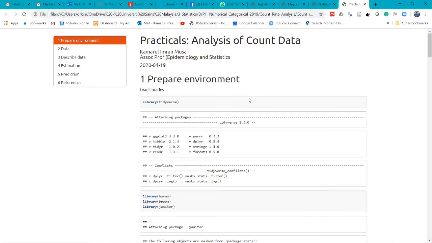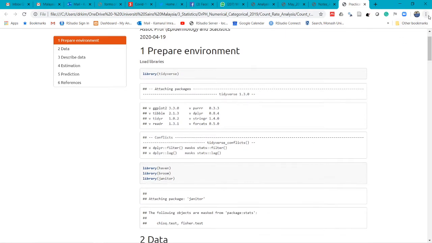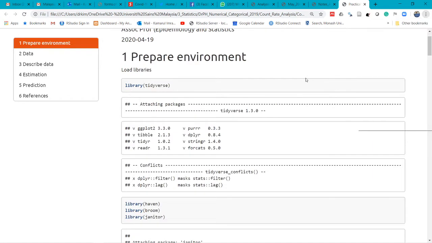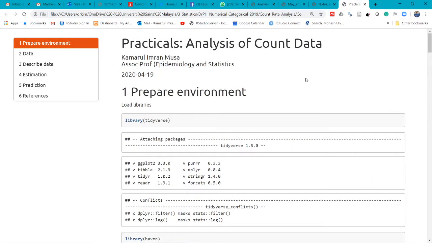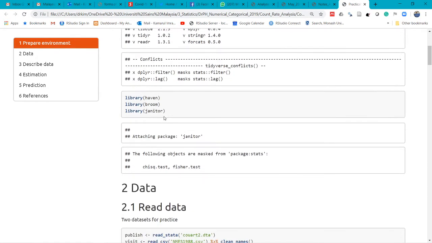If you look at the practicals, I load tidyverse libraries for data wrangling and data visualization, haven if you want to read statistical software datasets from Stata, SPSS, or SAS, broom to tidy your output, and janitor to clean the names of the variables.